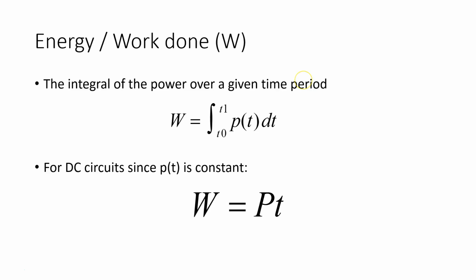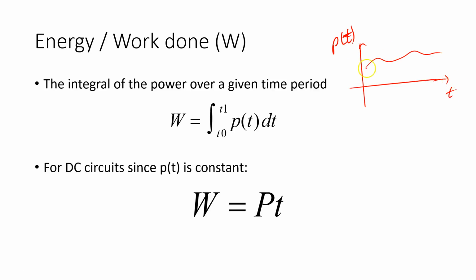And talking about energy, we can calculate energy by looking at the integral of the power over time. Now remember, we had that graph before, and we said this is the p(t) here with time.